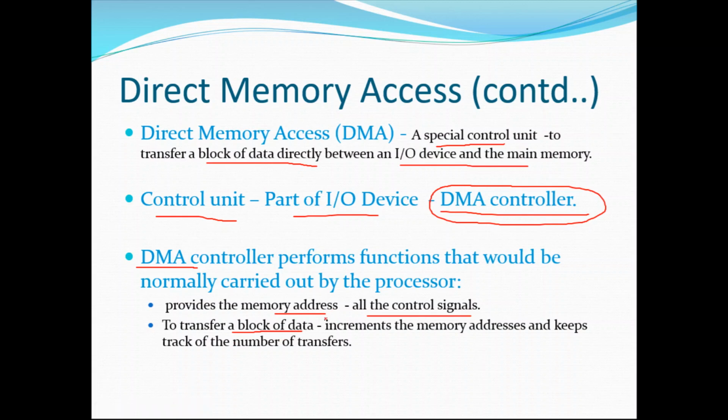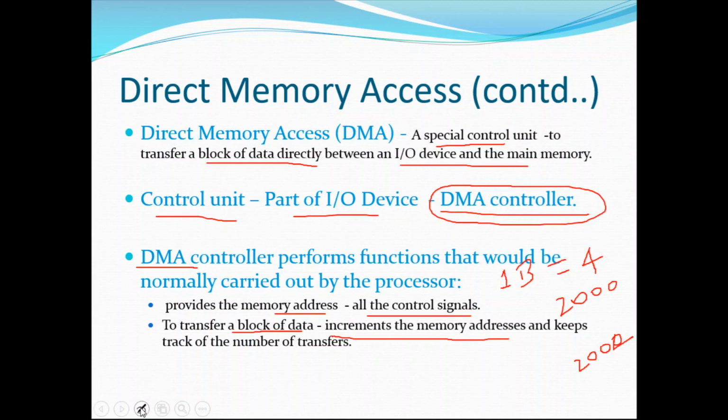To transfer a block of data, the memory address should be incremented. For example, say we want to transfer one block of data, which may be equivalent to 4 bytes. These 4 bytes may be stored starting from memory location 2000 to 2003. The first byte is stored in 2000, the second in 2001, the third in 2002, and the fourth in 2003.